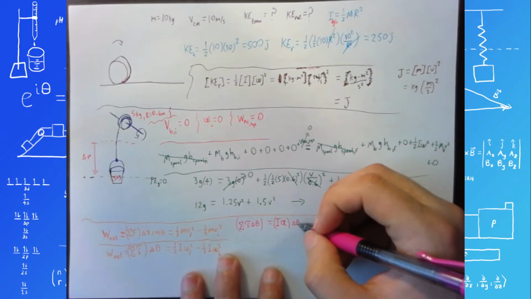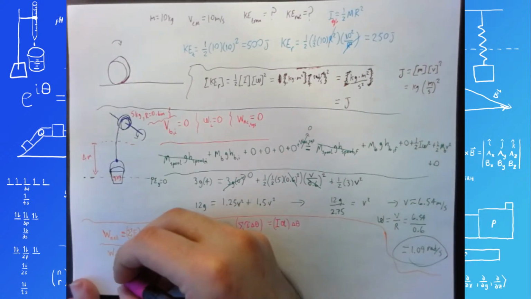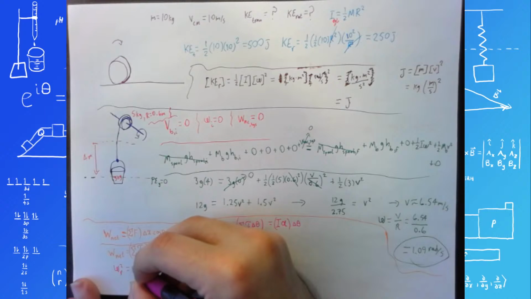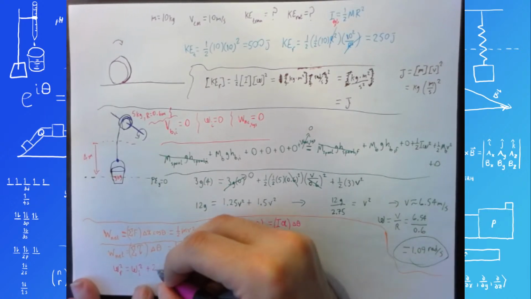That should be conjuring up memories of your kinematics equations. Alpha delta theta is in our third kinematics equation. So that equation was omega final squared equals omega initial squared plus 2 alpha delta theta.